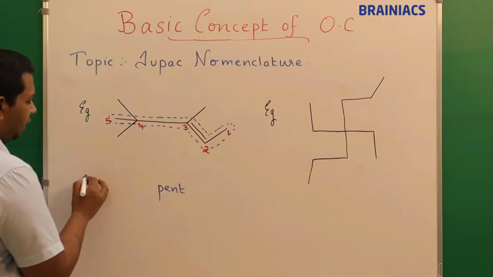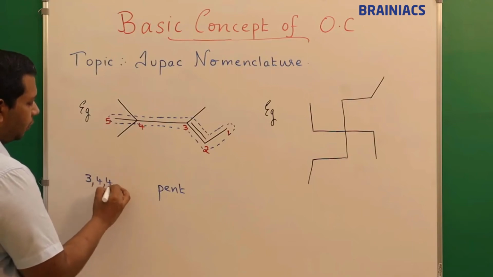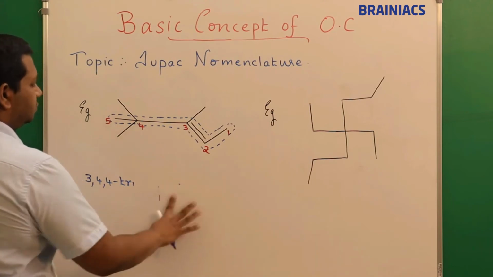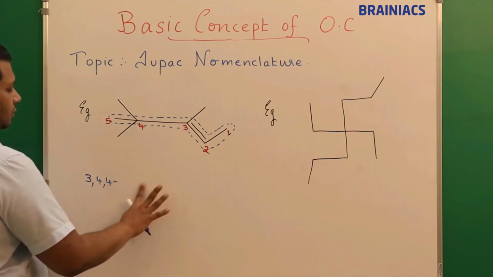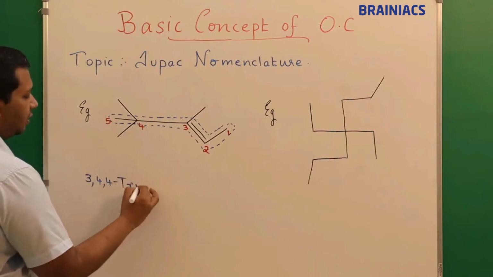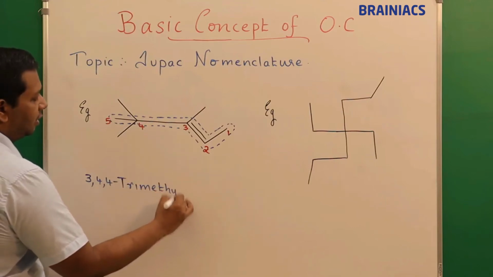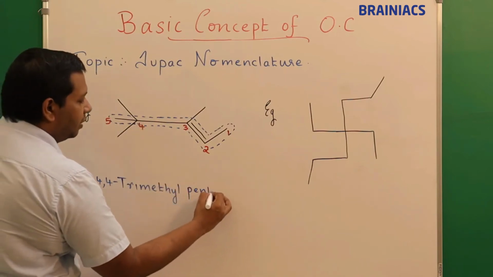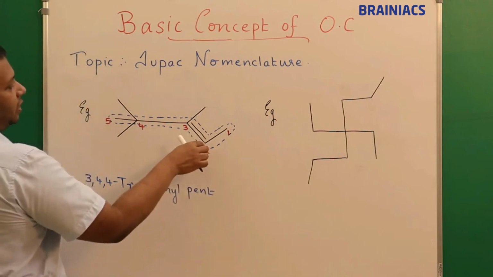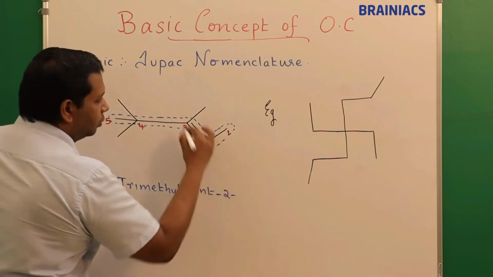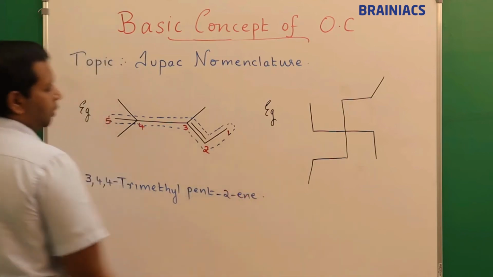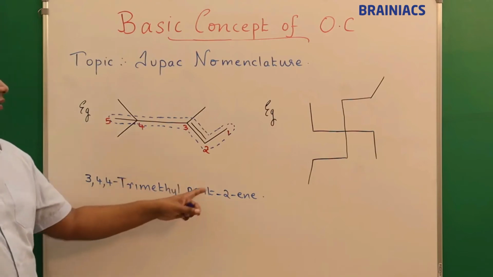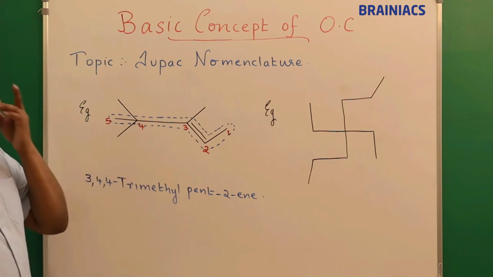So I will write 3,4,4-trimethyl. The parent chain has 5 carbon atoms, so I will write pent. Now tell me at which position the double bond is present. At 2nd position, pent-2-ene. This is it. 3,4,4-trimethylpent-2-ene. This is the IUPAC name of this compound.